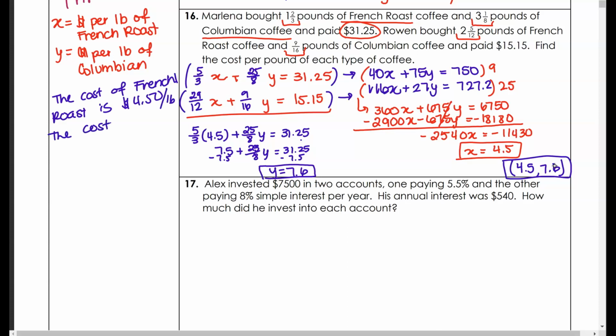The cost of Colombian is $7.60 per pound. And that would be the end of that question.